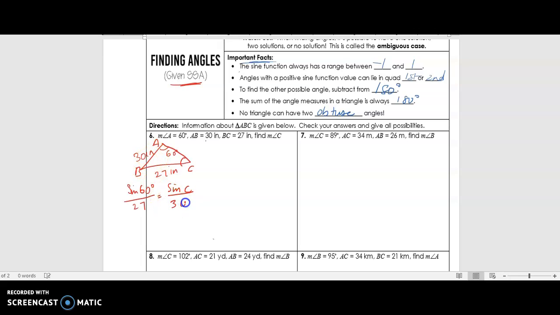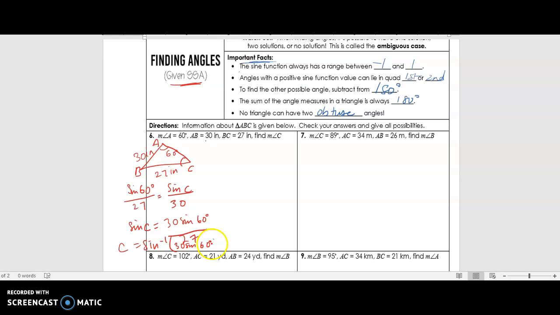inches. Now we'll use cross multiplication, regular solving of an equation here. So we'll have 30 sine 60 over 27. You can use the inverse sine function and enter all of this into the calculator.